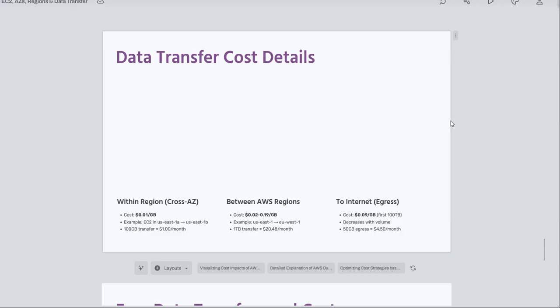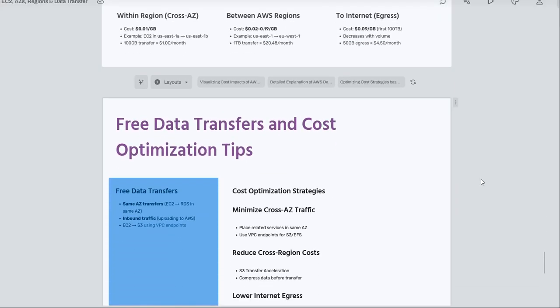The cost is going to change, but these are just to know that when you are implementing high availability and disaster recovery, other than placing the services in different regions and availability zones, the data transfer cost will also cost you money, to keep in mind.